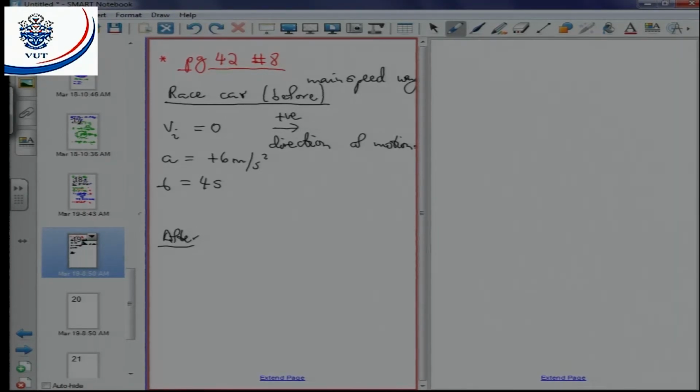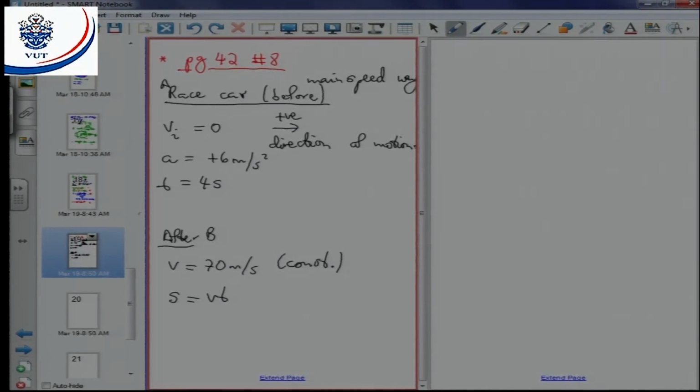At the same instant, another car on the speedway is traveling with a constant speed. So let's call this car A. After we have car B, and car B is traveling at V equals 70 meters per second, and it's constant. So that means the acceleration is 0, and we can just use S equals Vt.